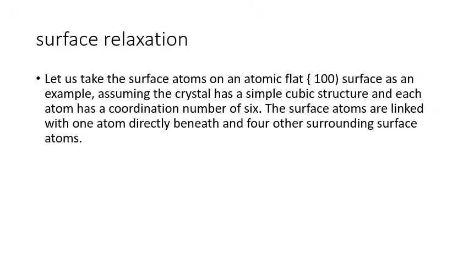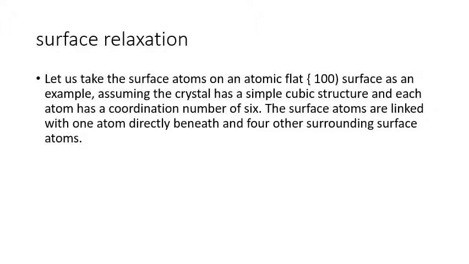To feel the first classification, surface relaxation, let us take surface atoms on an atomic flat 100 plane. If you take a simple cubic structure and 100 plane of the simple cubic, then each atom will have coordination number 6.